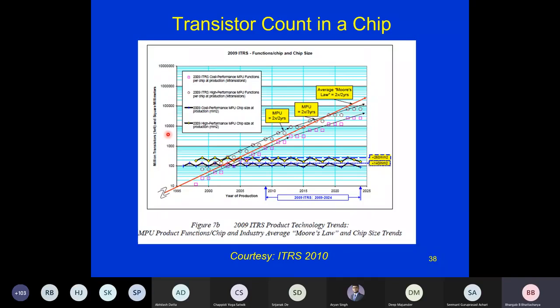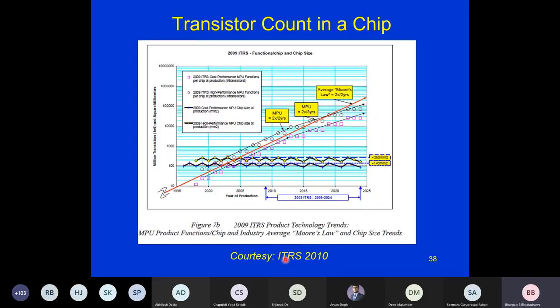They are getting multiplied by a factor of 10 at every step on the vertical scale, and the horizontal scale is linear. So in the logarithmic scale, they appear linear. The growth showing linear means that the growth is exponential, right? This shows the transistor count in a chip.